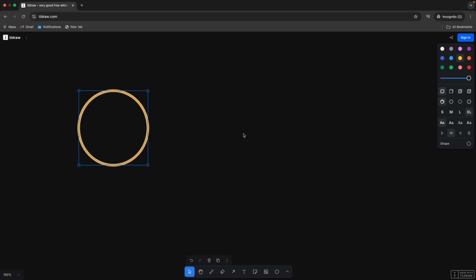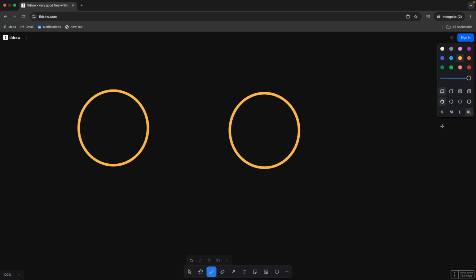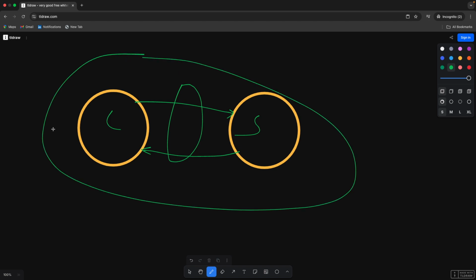So this is a very famous model, right? It is called the client server model. So basically the client sends a request to the server, and then the server will respond back, will send the response. So this is my client, this is my server. So this is nothing but called the client server architecture or the client server model.